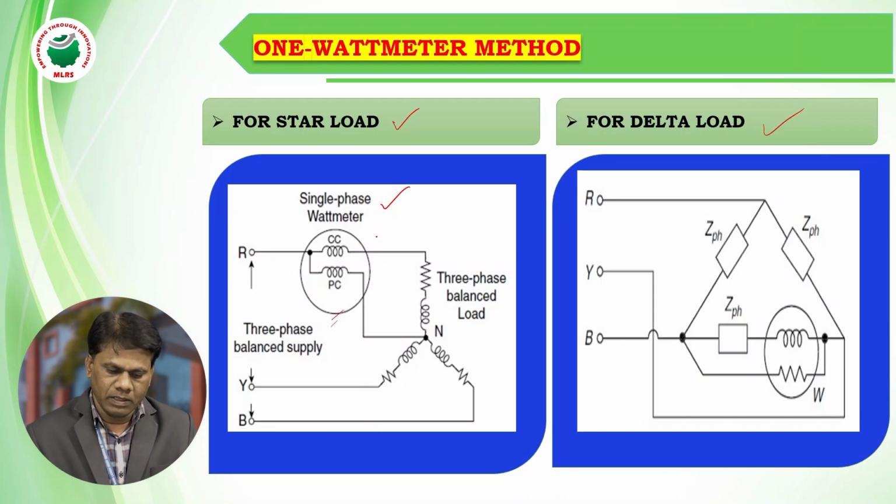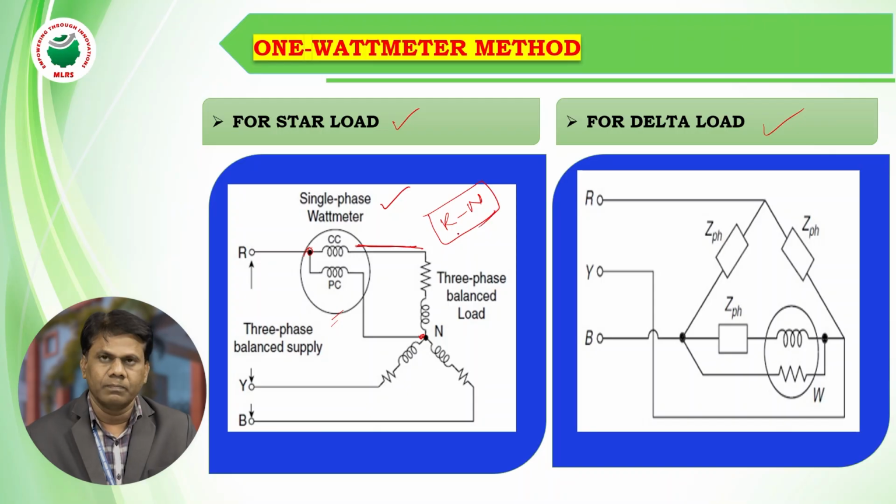The current coil is connected in series with the phase, whereas the pressure coil or voltage coil is connected between the line and neutral for star connected load. If you take delta connected load, here also the wattmeter is connected.